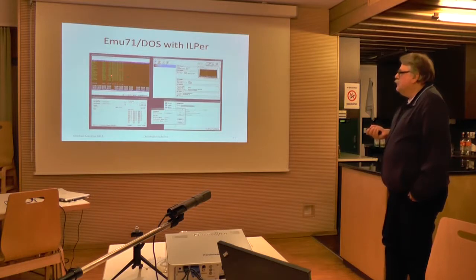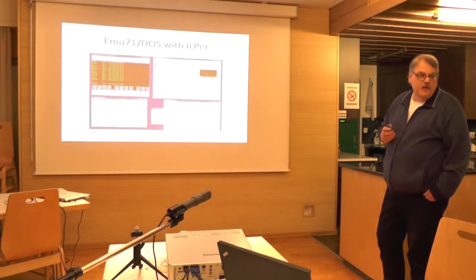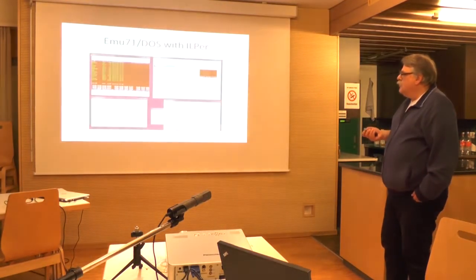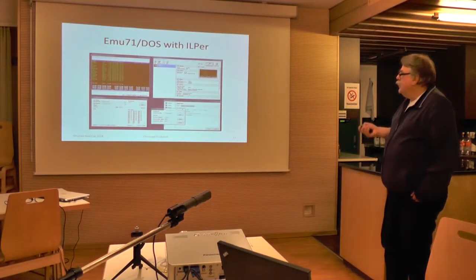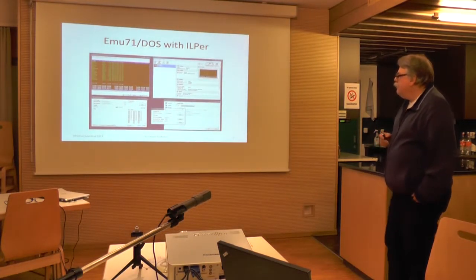This is using VirtualBox. This is an Oracle product, a virtual machine. Then I installed FreeDOS. This is the output window of the virtual machine. This is ELPair. I just opened the console. That's from VirtualBox. This is what I started.